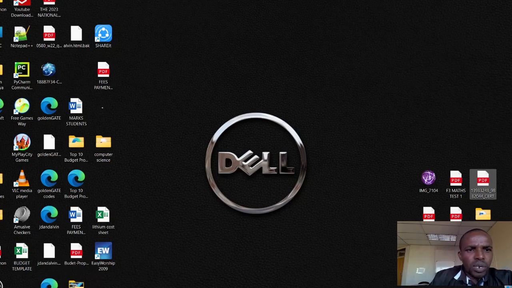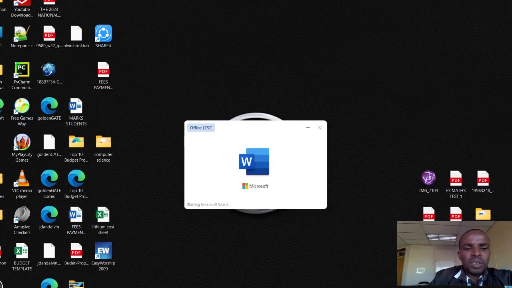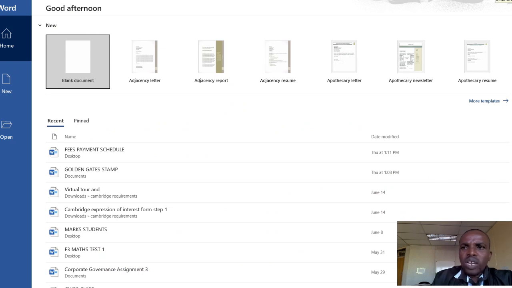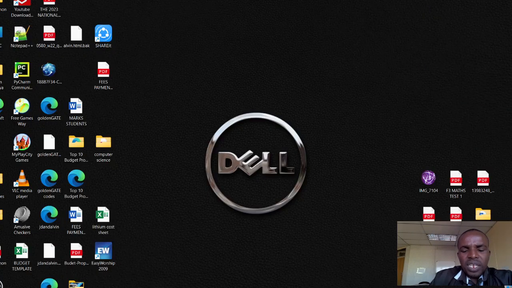The differentiation of this part will be 1 over 1 plus x squared.